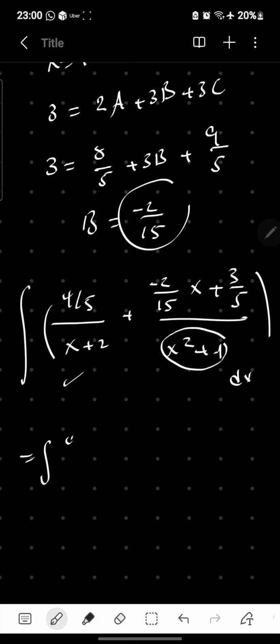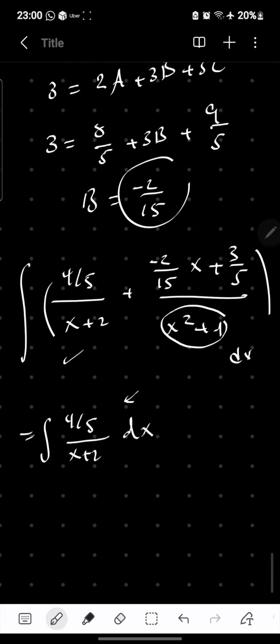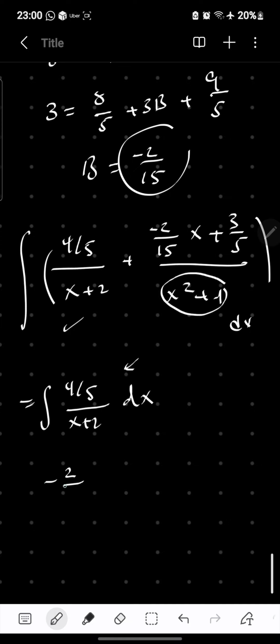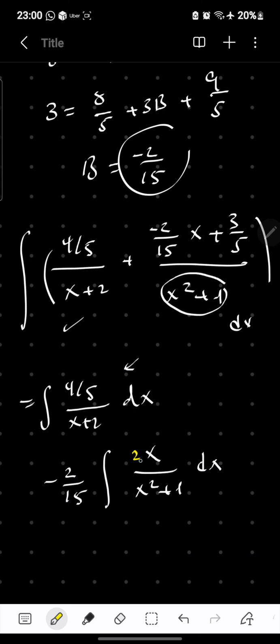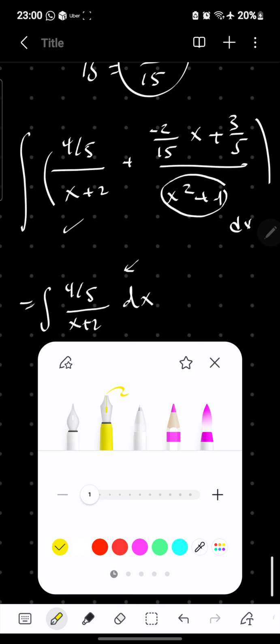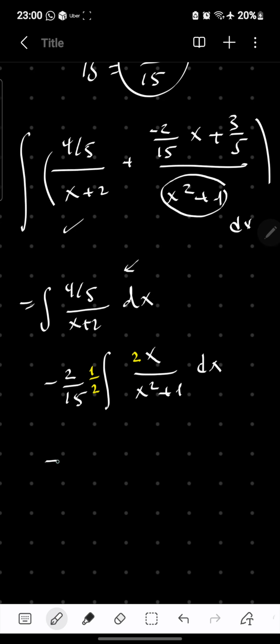For the integral of 4 over 5 over x plus 2, we don't have concerns about this one. Now negative 2 over 15, let's distribute the integral of x over x squared plus 1. It's very easy. You need only to multiply by 2 inside and have a half outside. Plus 3 over 5 integral of 1 over x squared plus 1.